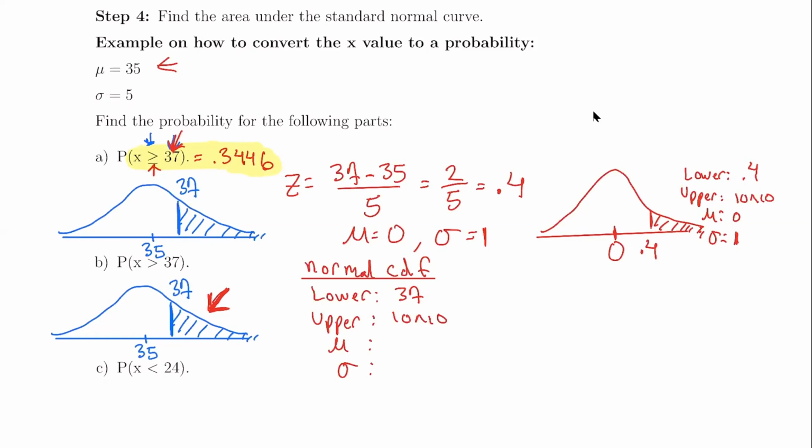Since we didn't standardize the data set by finding the z-score, the mu remains the same, so mu is still 35. That means standard deviation is equal to 5. Any questions so far? I got the normal CDF, lower is 37, upper is 10 to the 10 power, mu is equal to 35, and sigma is equal to 5.